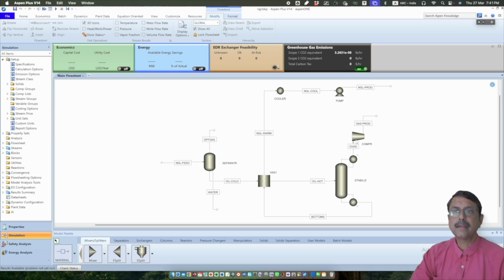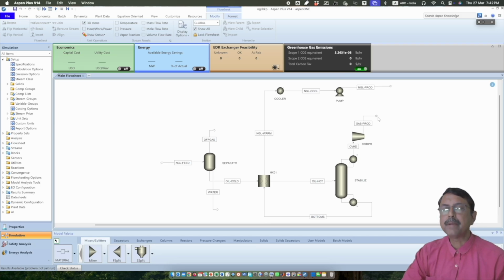On the other hand, it is a compressor. So this is a gaseous product which is compressed, and the gaseous product is going out with a high pressure. So both this gaseous product and liquid product, both of them are at a high pressure. Okay. Now let us see the identity of the NGL feed.